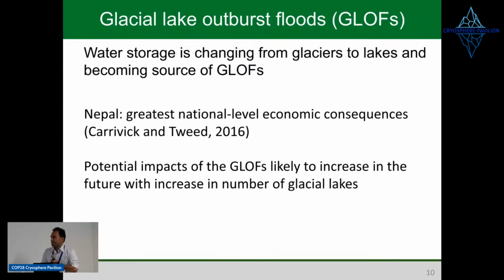One of the studies also mentioned that Nepal has the highest national level economic consequences due to glacial lake outburst floods compared to other countries, due to the much higher number of glacial lakes as well as the impact on downstream communities in terms of water availability, and also on infrastructure such as hydropower.